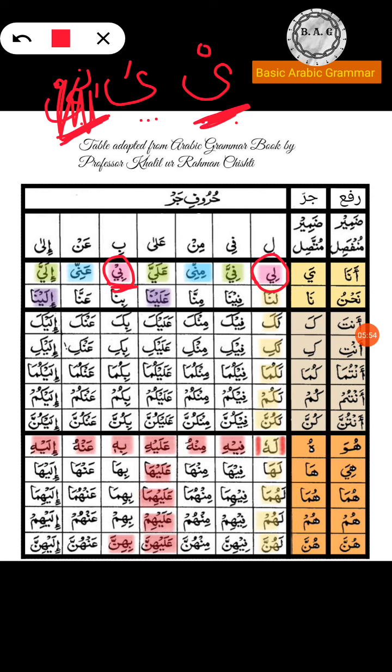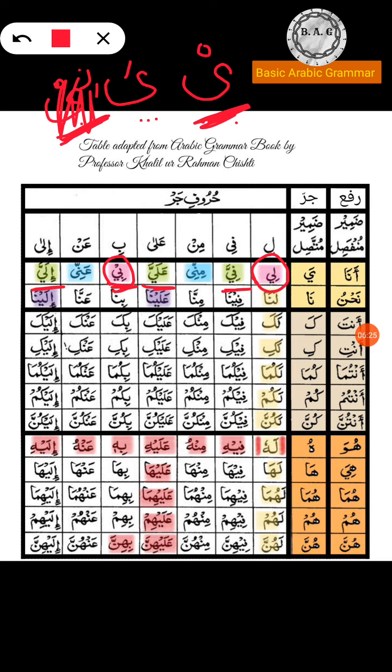I am not going to elaborate on the meanings because we already know what these prepositions and pronouns mean. We are just going to discuss the important points in each of these different cases that I have highlighted. Done with li and b. Next we have fiya, alayya and ilayya. Notice this ya sounds at the end with tashdid.